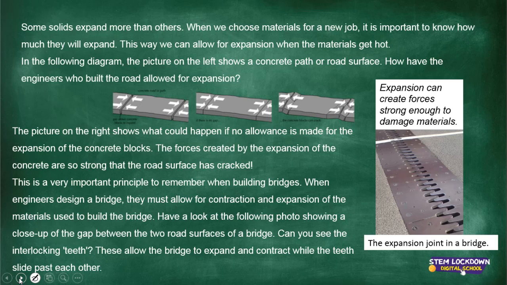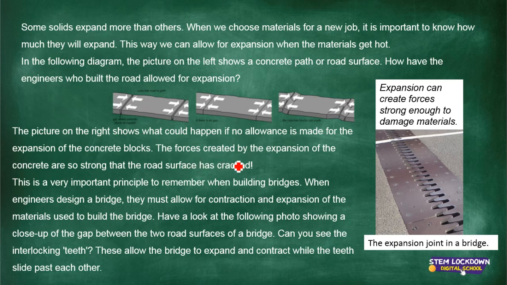It's because they didn't use the correct materials and allowance for expansion and contraction. The picture in the middle shows that there is no allowance here, while here they showed that there is allowance.